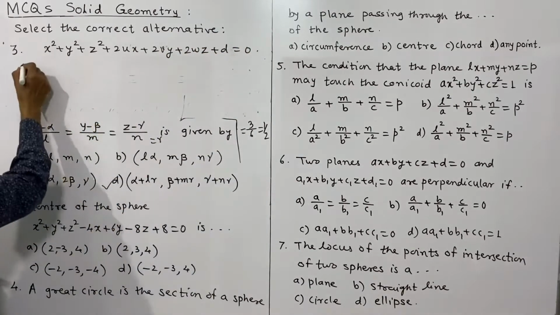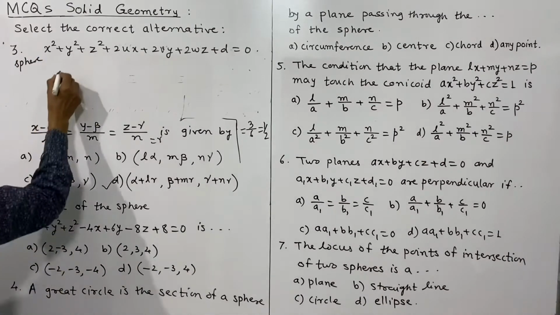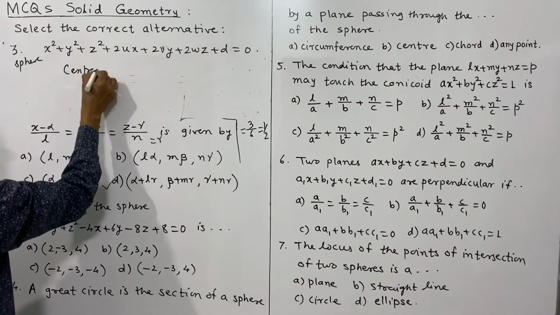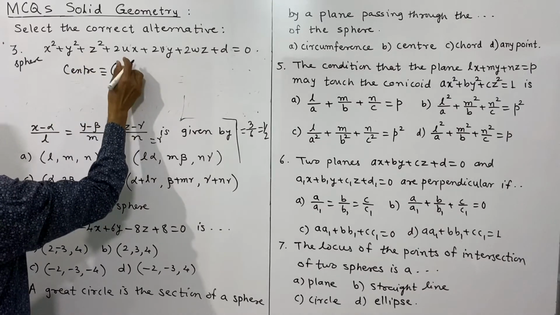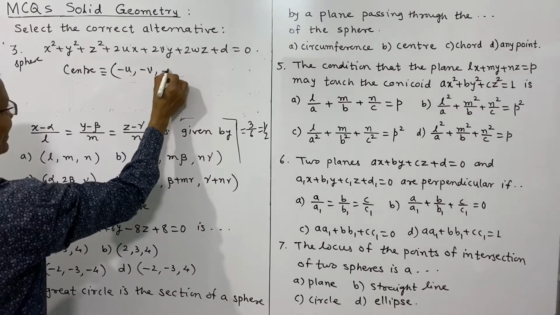This is the general equation. And then its center is given by minus u, minus v, minus w.